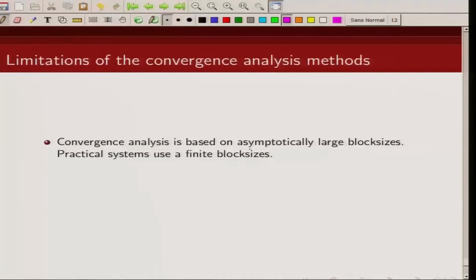Now, what are the limitations of this analysis approach? This approach assumes that we have very large block sizes. So, this convergence analysis results hold for very large block sizes, but in practical systems we use small block sizes.